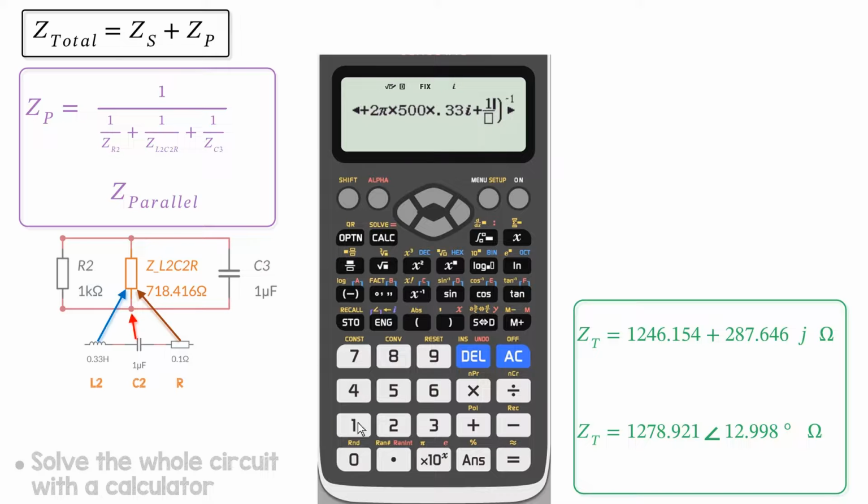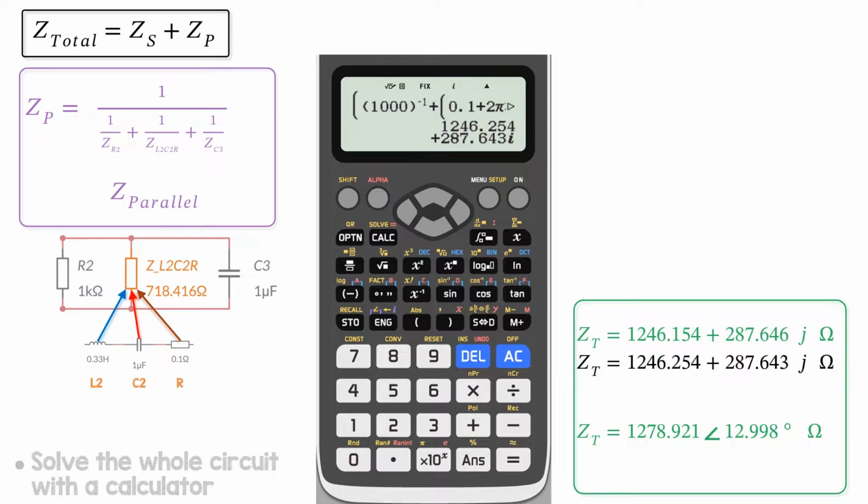And finally, the capacitive reactance of C, 1 over 2 pi FC J. Don't forget the J or the I or it won't work. Press equals, and it'll give us our rectangular form total impedance, which is pretty cool, really.